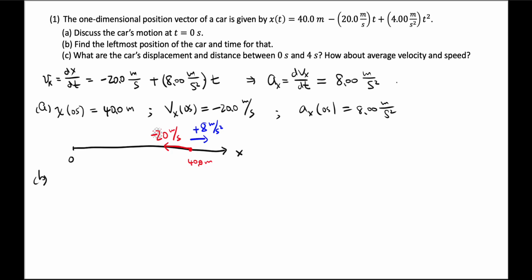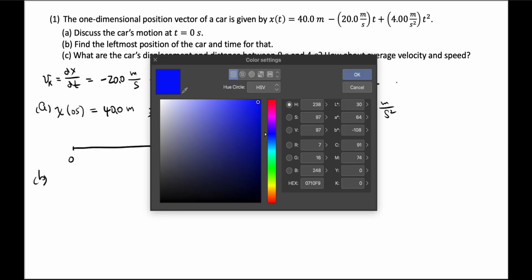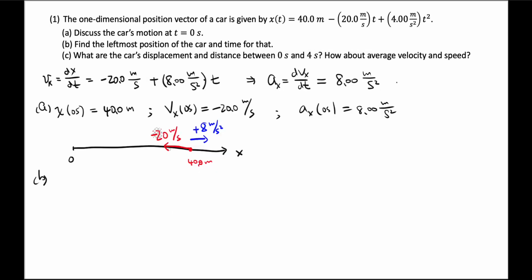So we can kind of draw that position. It must be somewhere here, or maybe also exceed the origin, go to the left side of the origin. But now let's say it's here, and that will be the instant when the velocity becomes 0, and that will be the leftmost position.